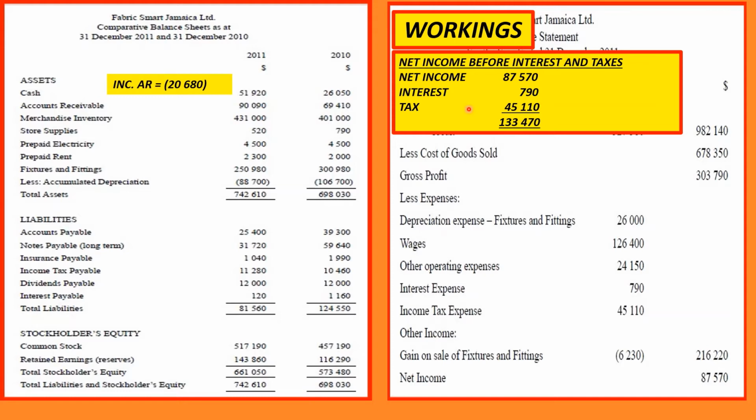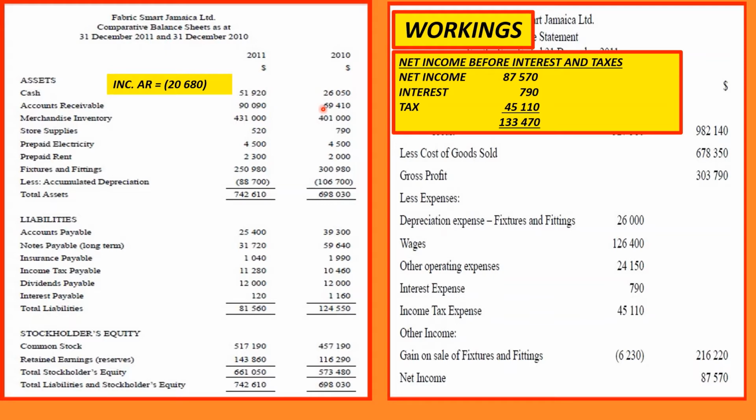And next we will look at the changes in the working capital. Now the working capital is made up of the current assets and the current liabilities. And the first one we look at is the accounts receivable.